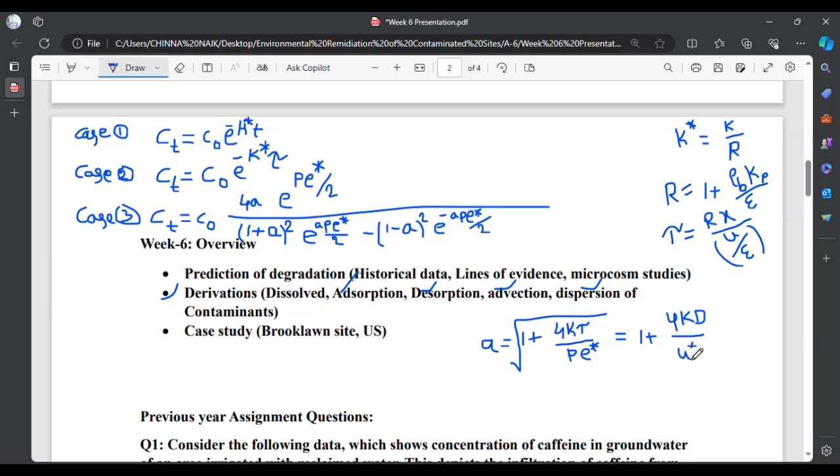Here u star is the seepage velocity. We get the seepage velocity by dividing the Darcy's velocity by porosity.